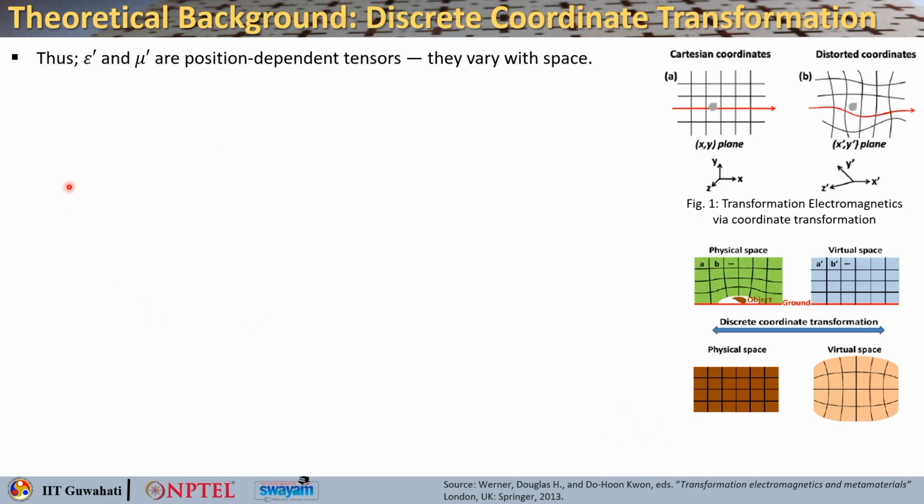Now in the transformed system, epsilon prime and mu prime will both be position dependent tensors, which means they vary with space. These new values of permittivity and permeability will make the electromagnetic wave behave as if the space is curved like this.